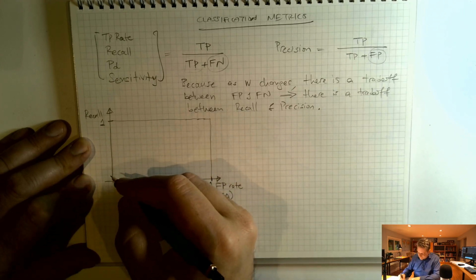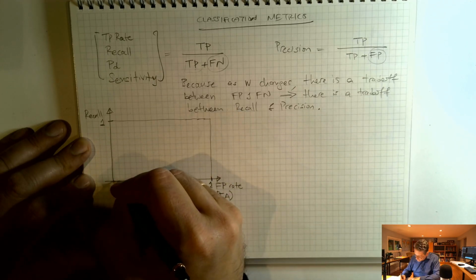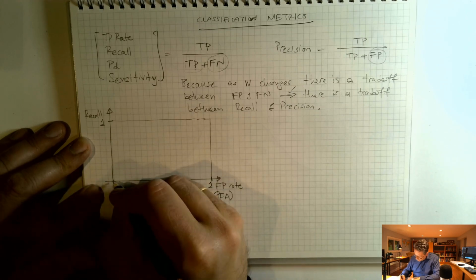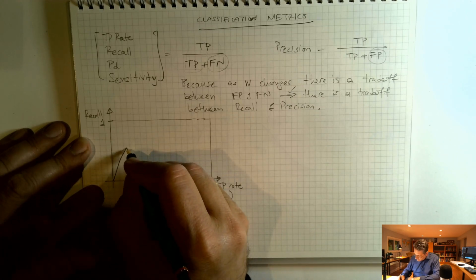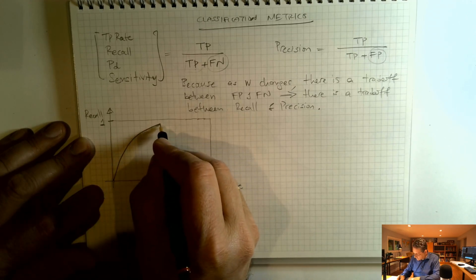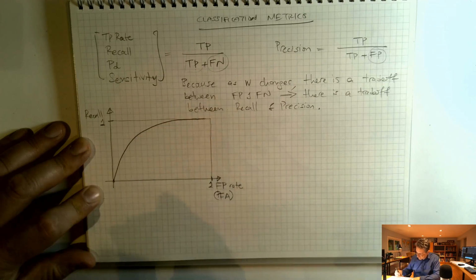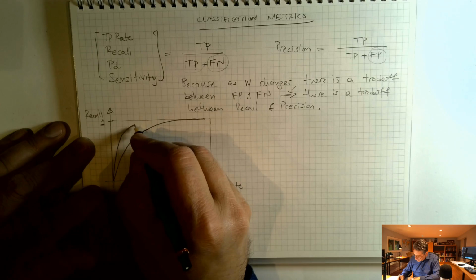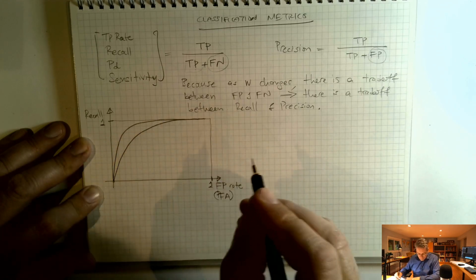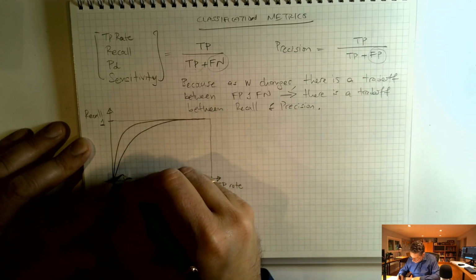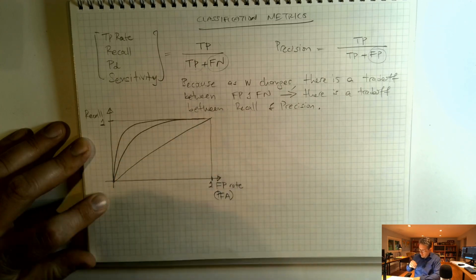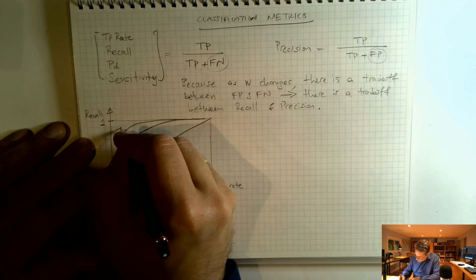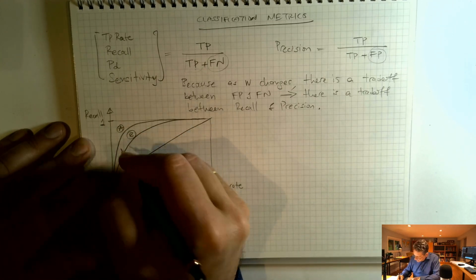As we change the threshold, we will be able to draw such curves. Some of these curves are going to be like this. Let me plot 3 cases: case A, case B, and case C.